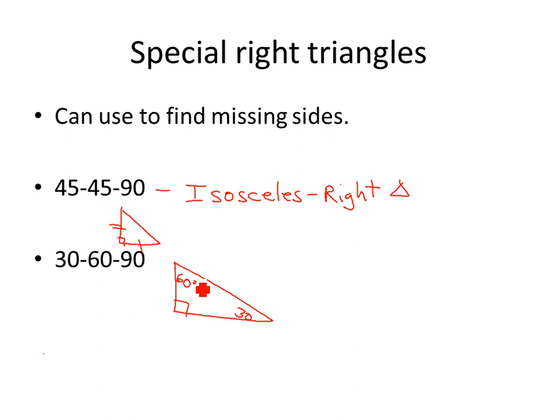And somebody figured out a long time ago, if every triangle that we match up is a 45, 45, 90, then it has certain properties. If it's a 30, 60, 90, then they all have certain properties. And we really don't have to match them up to some other triangle that's the same. We just say, we know that this 30, 60, 90 triangle always has these properties. This 45, 45, 90 triangle always has these properties.